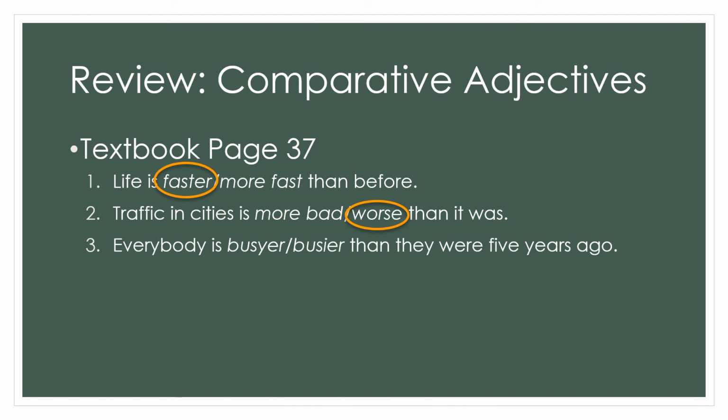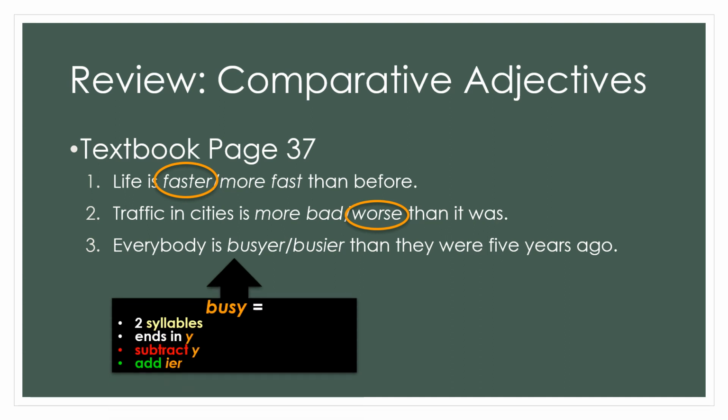Number 3, everybody is busier or busier than they were 5 years ago. The adjective busy has 2 syllables. It ends in the letter Y, so since it is a 2-syllable adjective ending in the letter Y, we subtract the Y and add IER. Everybody is busier than they were 5 years ago.